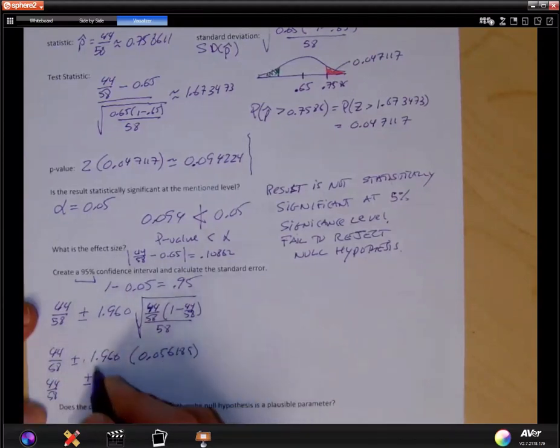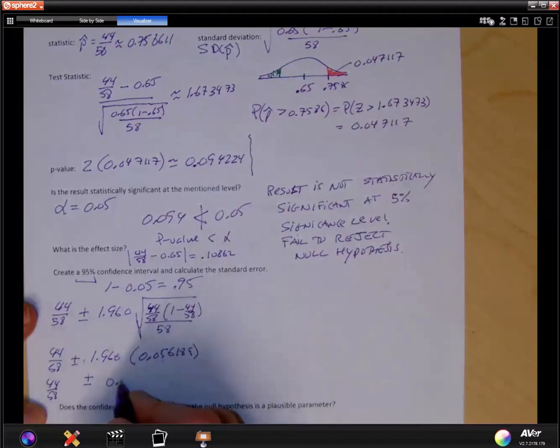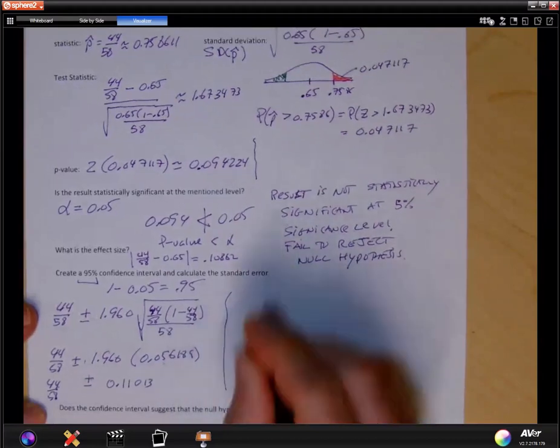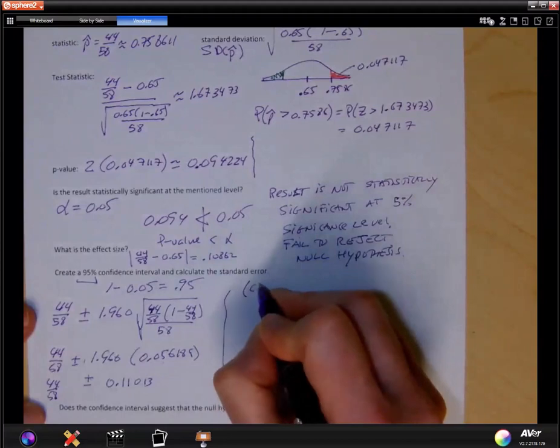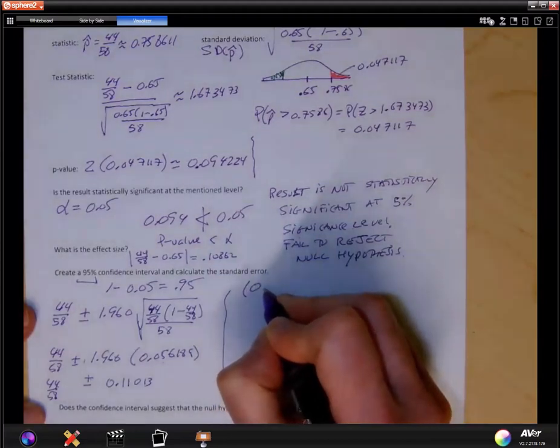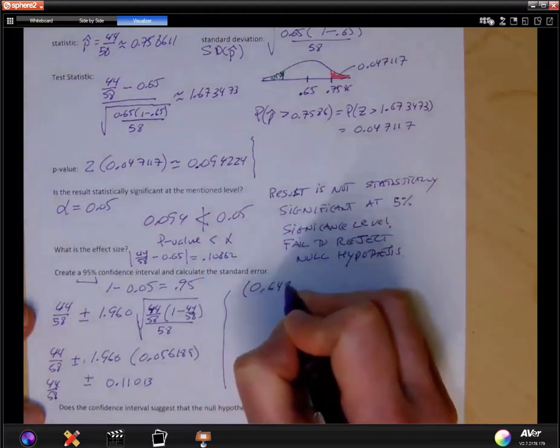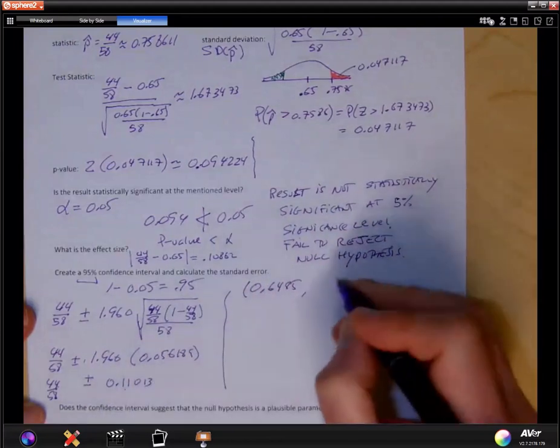Down the things that are not changing, and now I'll calculate, and I get the following. So this is my value, and I subtract this amount. When I do that, I get this. Add that amount.